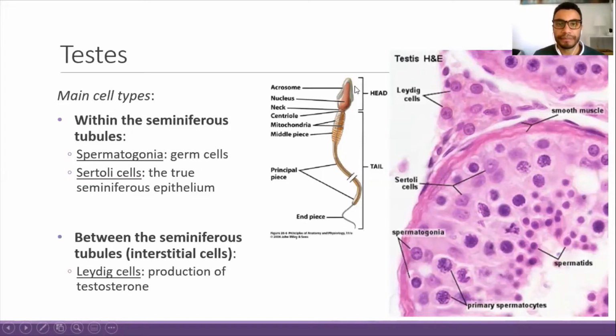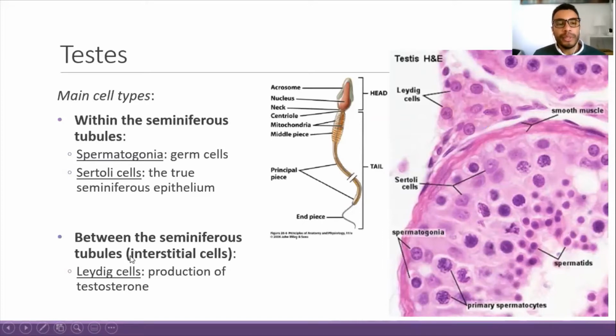The tail is the area that gives motility to the spermatozoon. It acts like a flagellum, which moves differently from the cilia that we saw in other structures, because its movement can be in many different directions, and there is no specific pattern for the movement of this kind of cell.